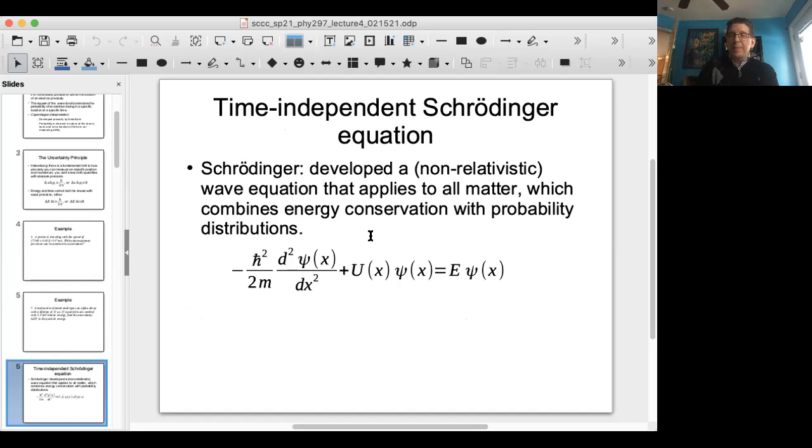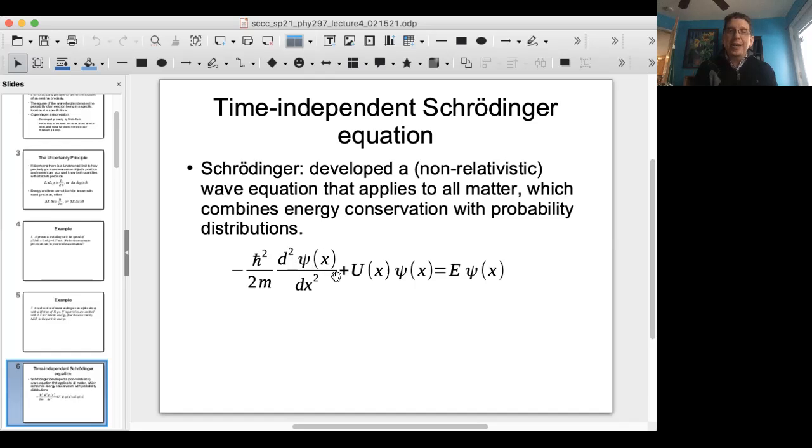So then you develop an equation. Schrödinger developed a time-independent equation and a time-dependent equation that are ultimately statements of the conservation of energy. You can think of negative h bar squared over 2m times the second derivative as being a kinetic energy operator acting on the wave function.